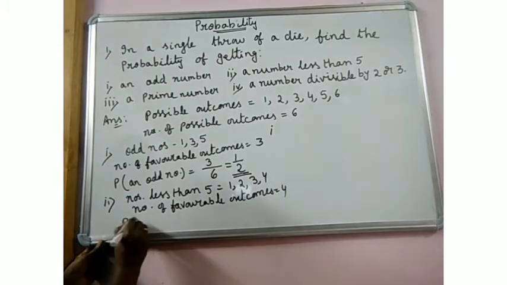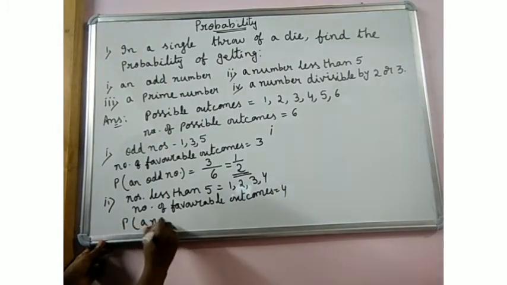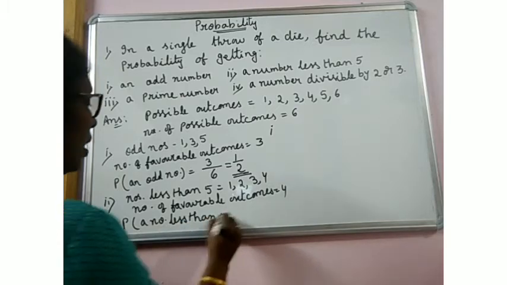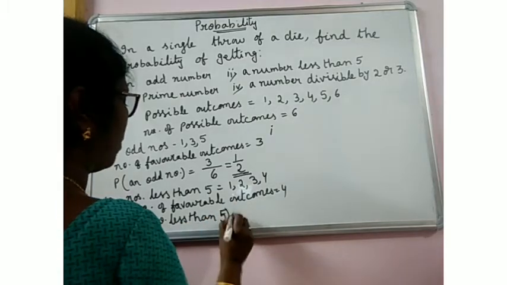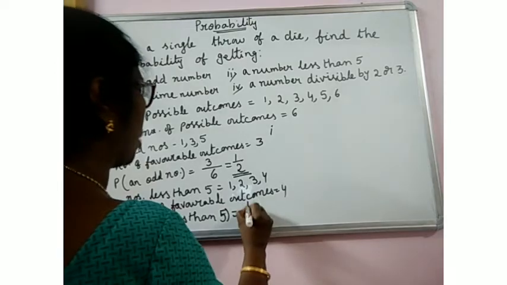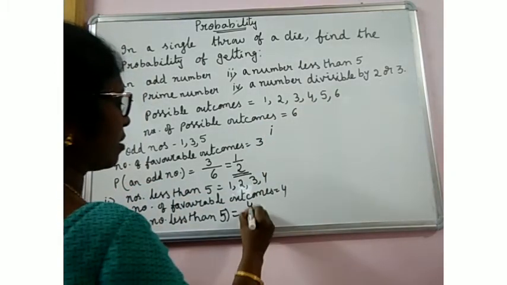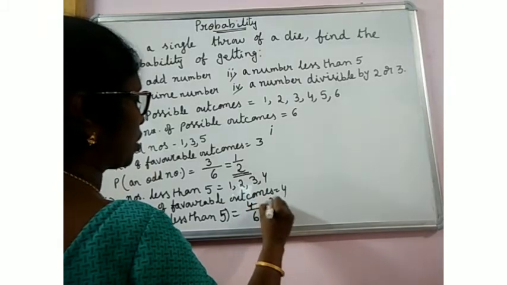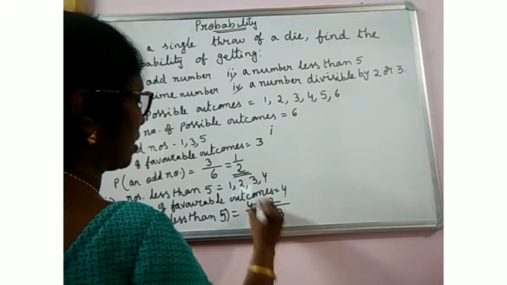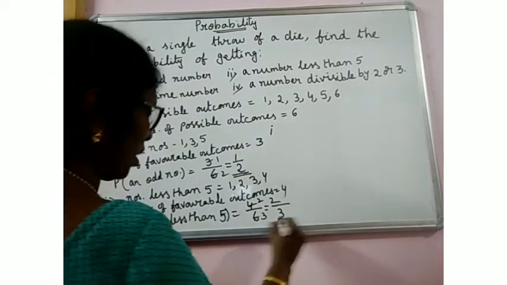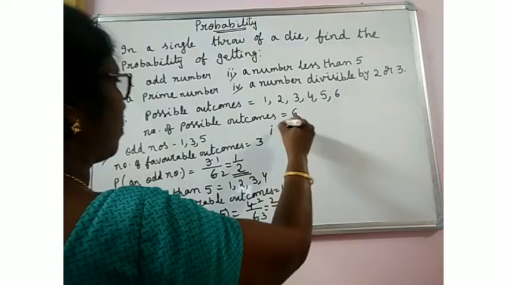So the probability of getting a number less than 5 is, number of favorable outcomes 4 and number of possible outcomes 6. So 2 twos are 4, 2 threes are 6, so here it is 2 by 3.